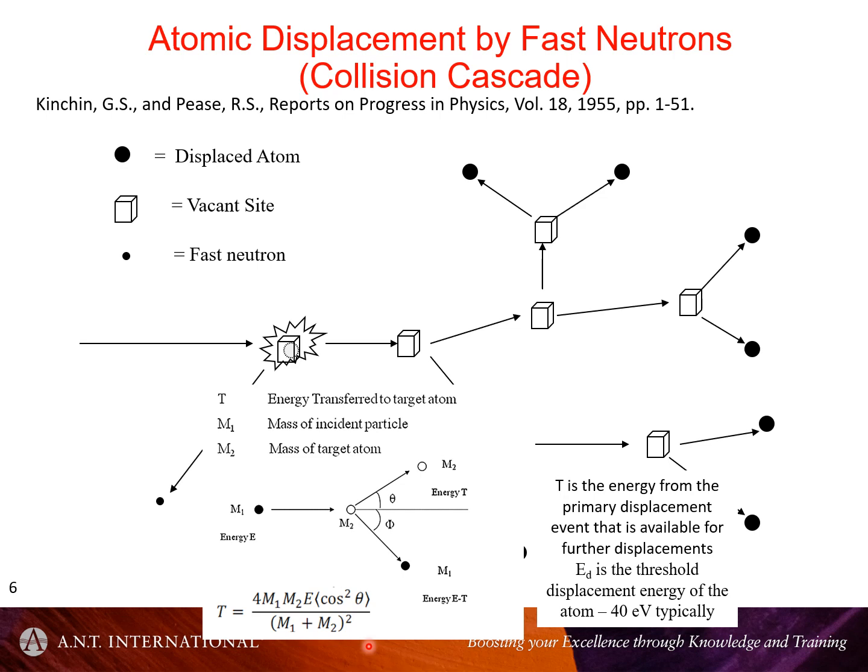The energy T in the PKA, you have a range of possibilities. And what that means is that for any one neutron of a given energy, you have a range of primary knock-on energies, what's called the primary knock-on atom energy distribution, the PKA distribution.